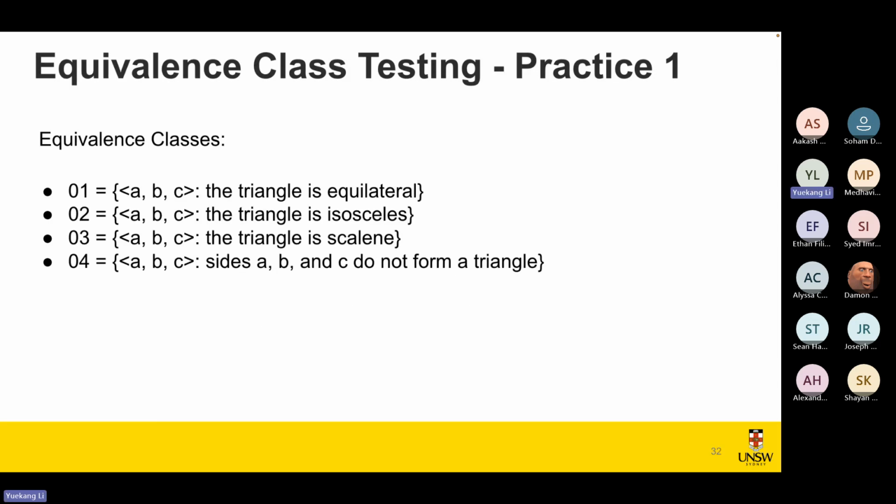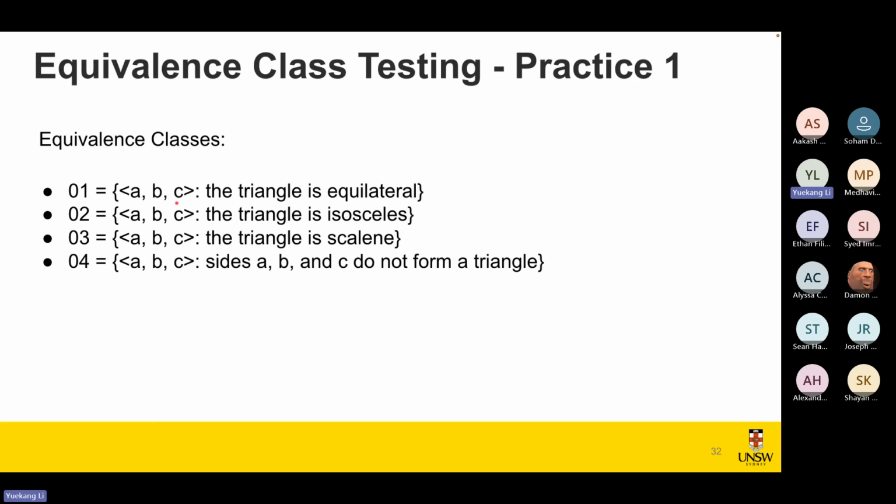And now let's come back to the practice. Let's think about the triangle program. It is quite special because, let's try to remove the length limit for these A, B, and C values. Let's think about the potential outputs and how we can create equivalence classes according to them.